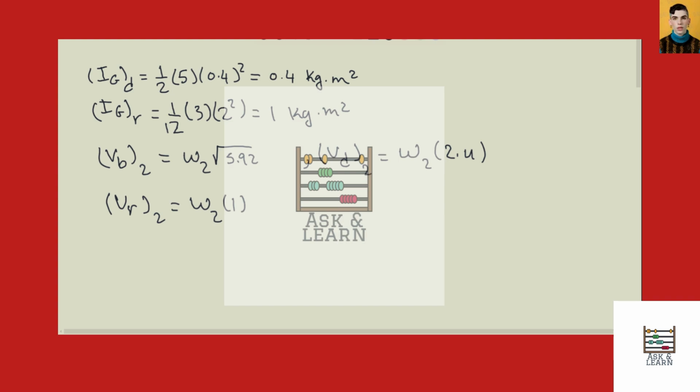So now sigma HA at 1 equals sigma HA at 2.